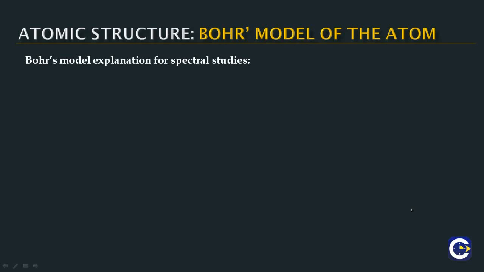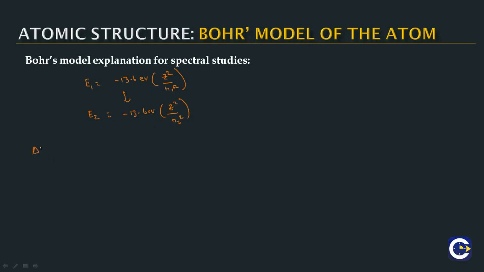Now based on the derivations of the energy for the stationary orbits, Bohr's model is able to provide explanation for the spectral studies, at least in the case of hydrogen and the hydrogen like species. Now as per Bohr's model, if the electron is present in an orbit, say n1, the energy will be minus 13.6 electron volt into Z square by n1 square. If it is moved from the orbit n1 to an orbit n2, the energy over there is given by E2, minus 13.6 electron volt into Z square by n2 square.